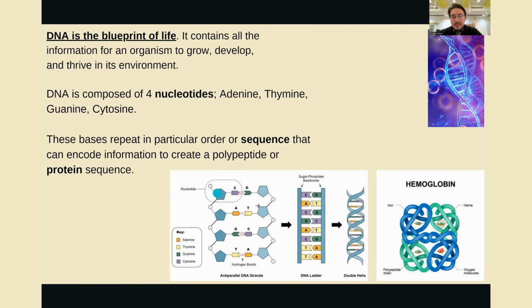If you zoom in to see each individual nucleotide, each has a sugar and a phosphate, but the nitrogenous base is what hydrogen bonds to its complement: C with G, A with T. In essence, this is the general structure of DNA.